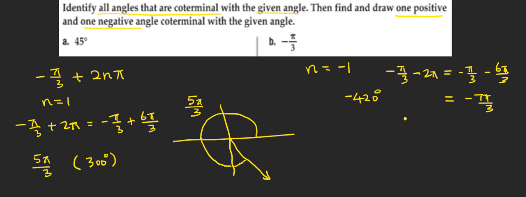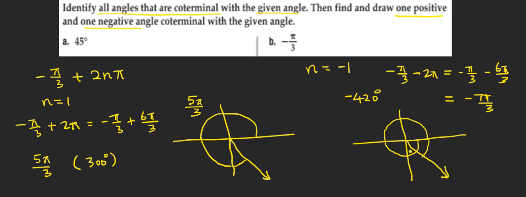Now let's draw an angle. Since we're going negative, you have to go clockwise from the initial side. So this is negative 90, negative 180, negative 270, negative 360, and then we need 60 more degrees in the negative direction to get negative 420.